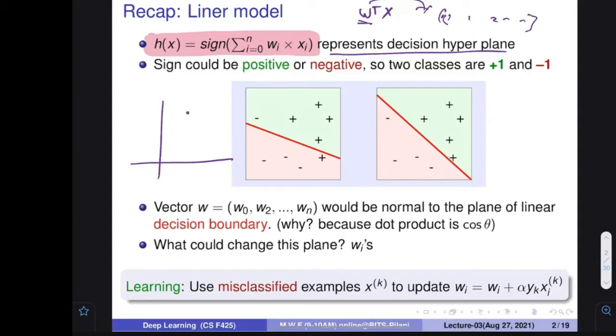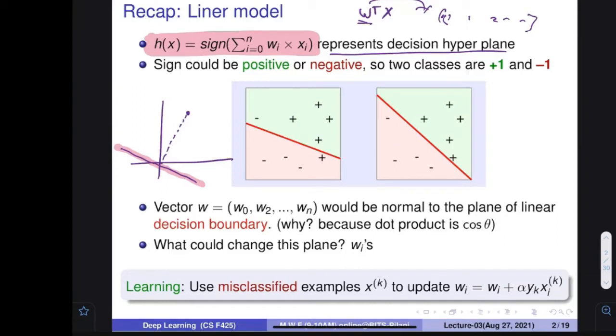That W would be a point. If you connect that W with the origin and draw a perpendicular to it, then this perpendicular line is going to be your decision boundary, meaning one side items are positive and the other side items are negative.